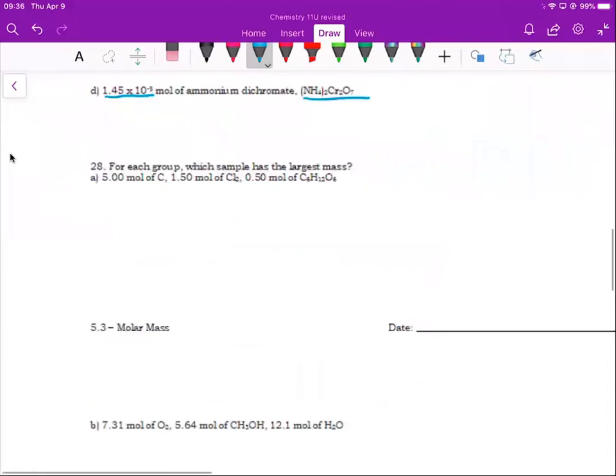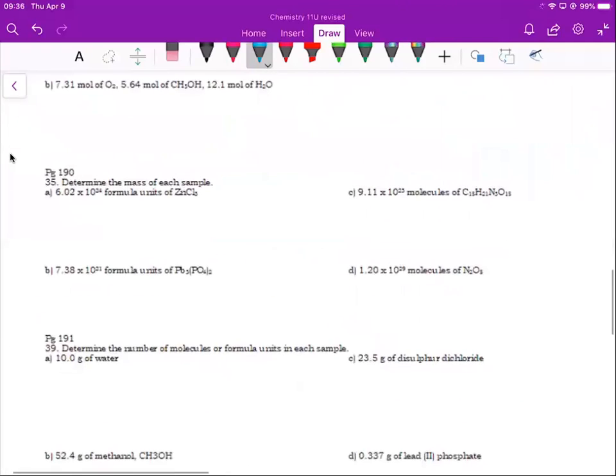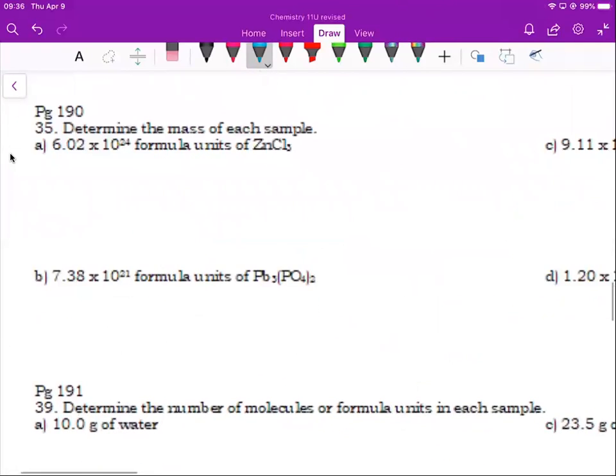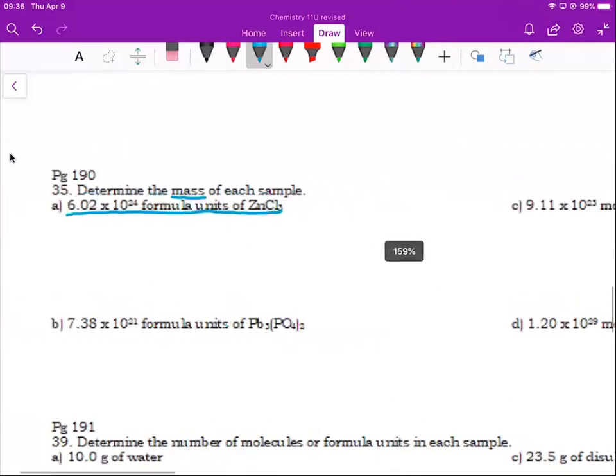Okay, other than that, I don't think I made you do these questions yet, determining the mass of each sample, where you have the number of formula units and you have to find the mass. So the first thing you have to do for this one is you have to find the number of moles.